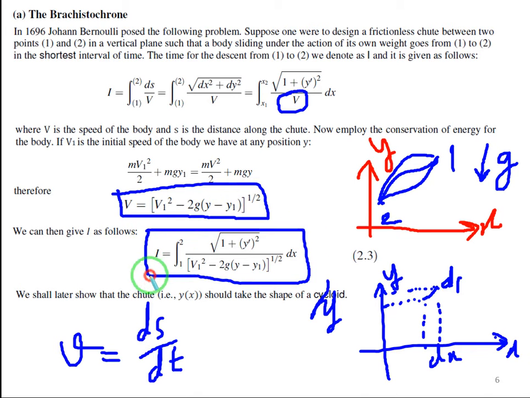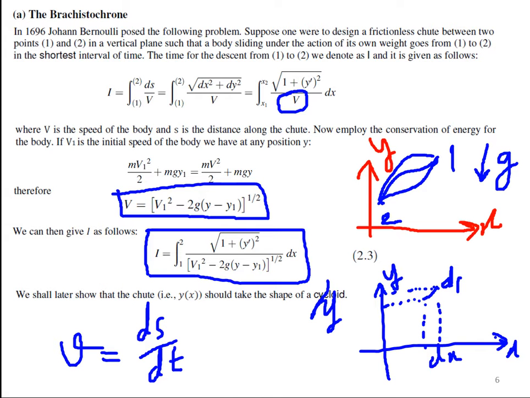In the functional problem, we are going to find y of x in order to minimize this functional. And this is one of the famous problems we have in the variational approach.